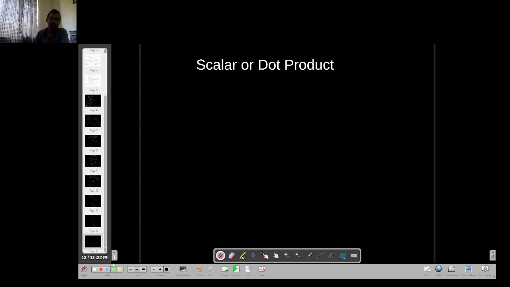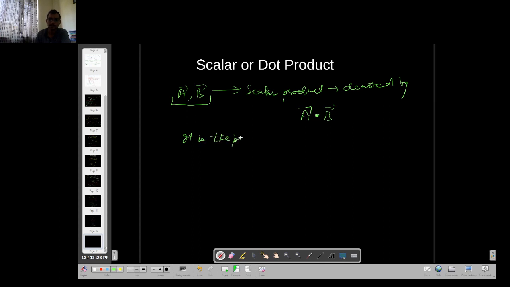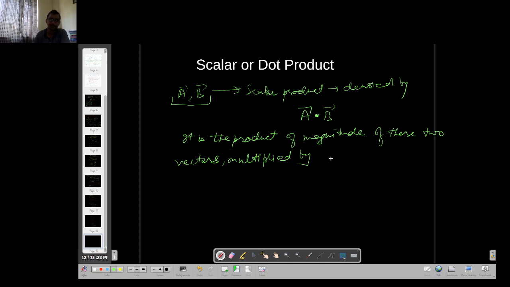So scalar product is denoted by, if I talk about scalar product of A and B, these two vectors, then their scalar product is denoted by A dot B, and it is the product of the magnitude of these two vectors multiplied by the cosine of the angle between these vectors.